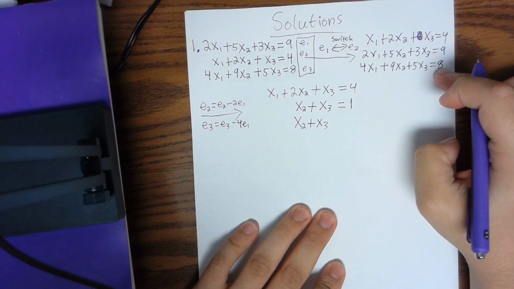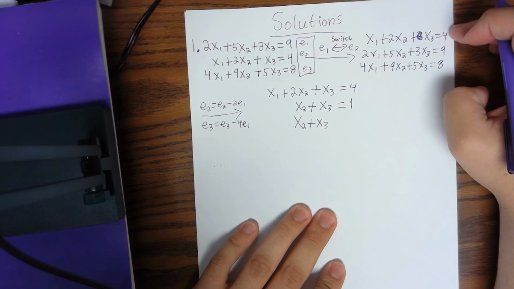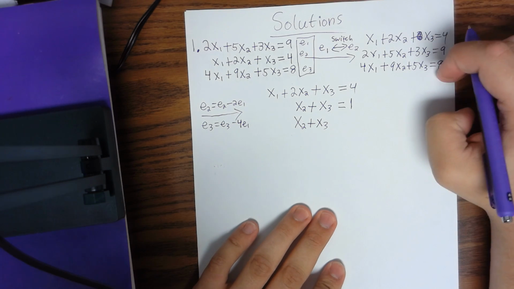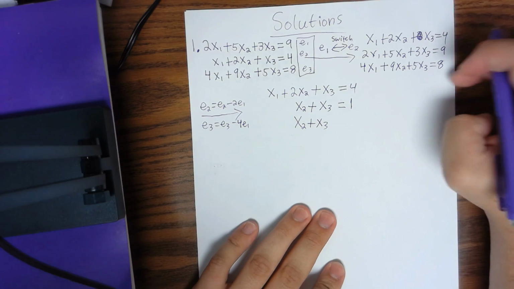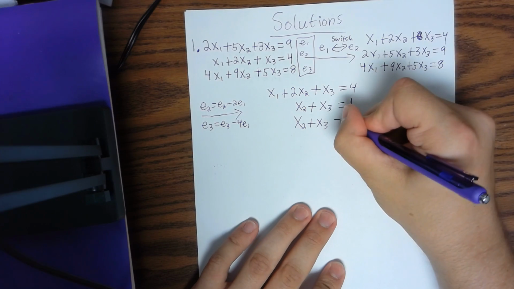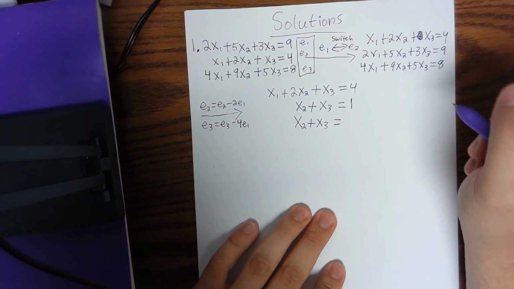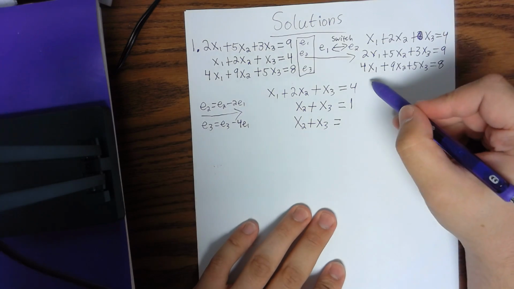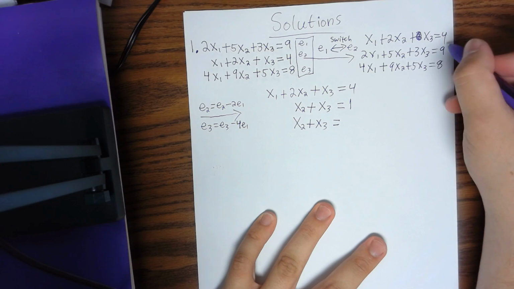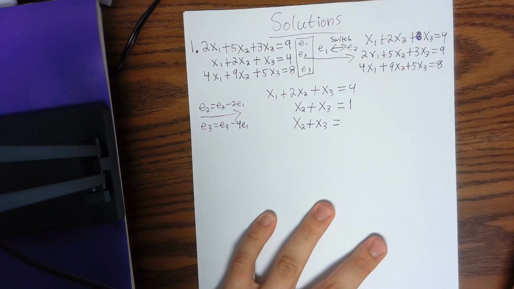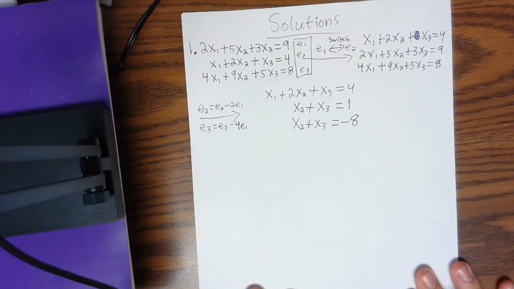And then this is equal to 8 minus 4 times 4, so 8 minus 16. Let me just make sure I'm doing the algebra right: a negative 16 added to 8 gives us negative 8. All right, we're almost done.